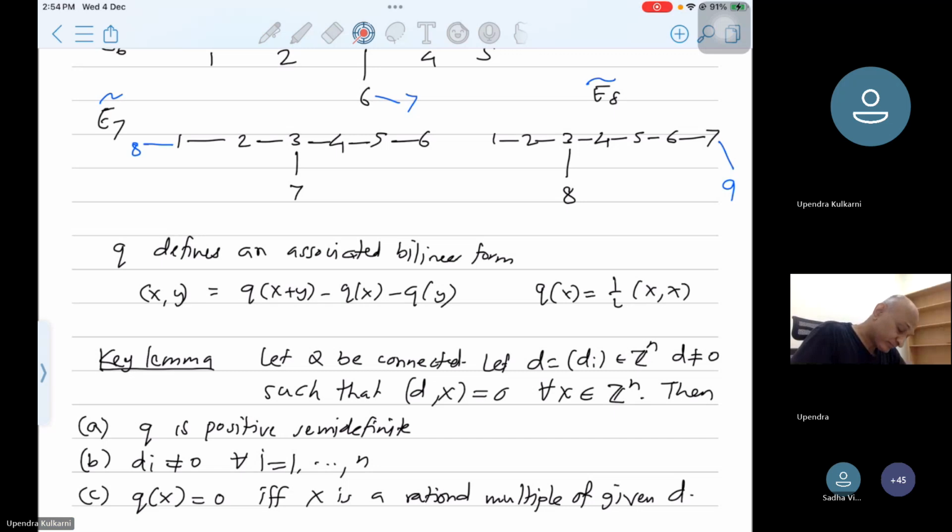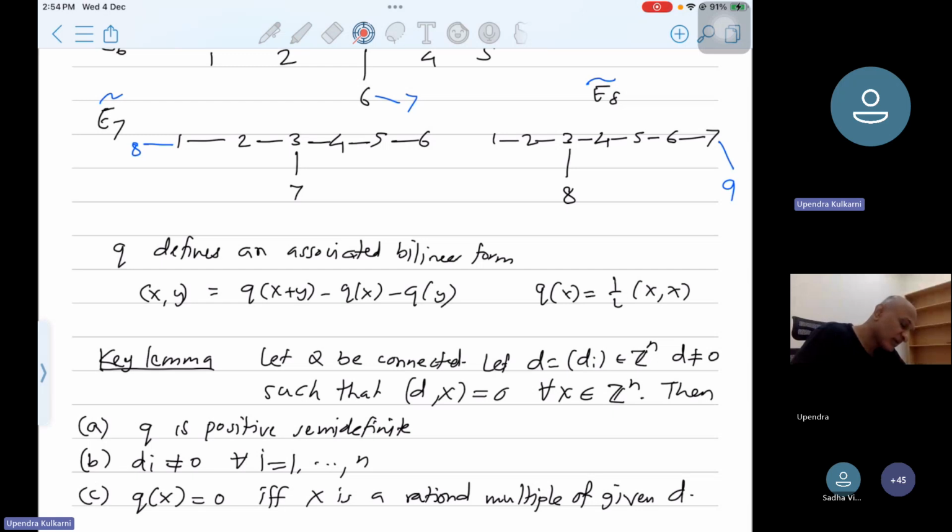Q is a connected quiver. I will be able to detect whether Q is positive semi-definite, but not positive definite, by means of a very special vector D.